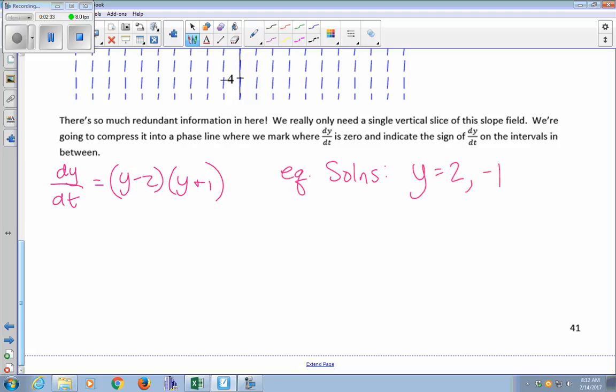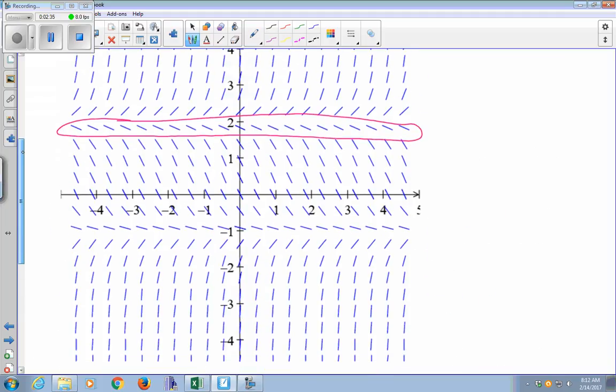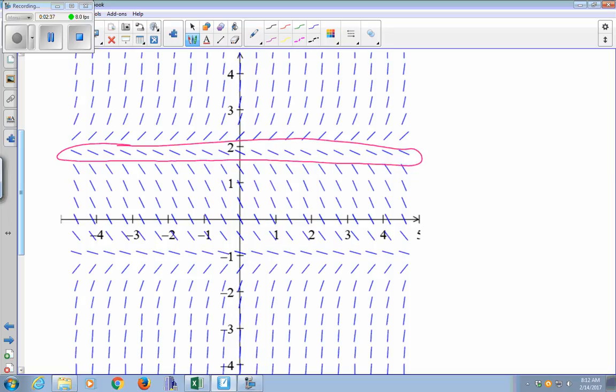And we can see those in the slope field, although we kind of missed the one at -1 because we didn't plot anything there. But it does switch from negative to positive, so you can see that. And at 2 also it switches from negative to positive, and there's a horizontal there too.